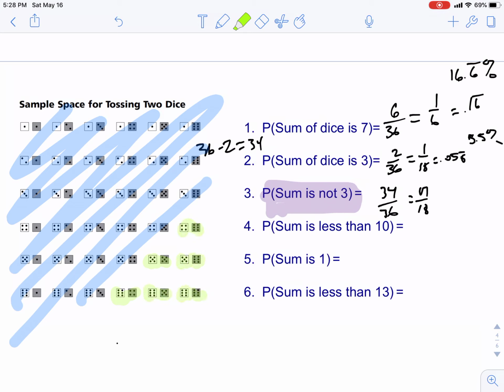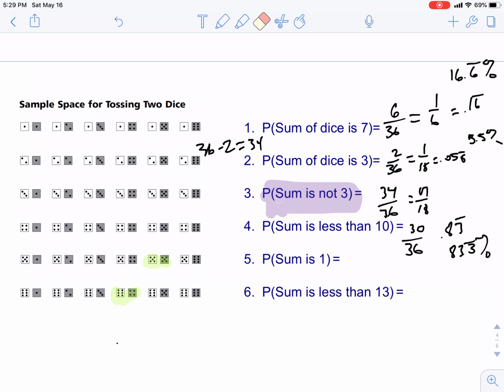So there's 1, 2, 3, 4, 5, 6 options that have a sum of 10 or higher, so everything else is lower. So if 6 out of 36 are 10 or higher, that means 30 out of 36 are going to be lower. 30 divided by 36 gives us a grand total of 0.83 repeating or 83.3%. All right, what's the probability the sum is 1?